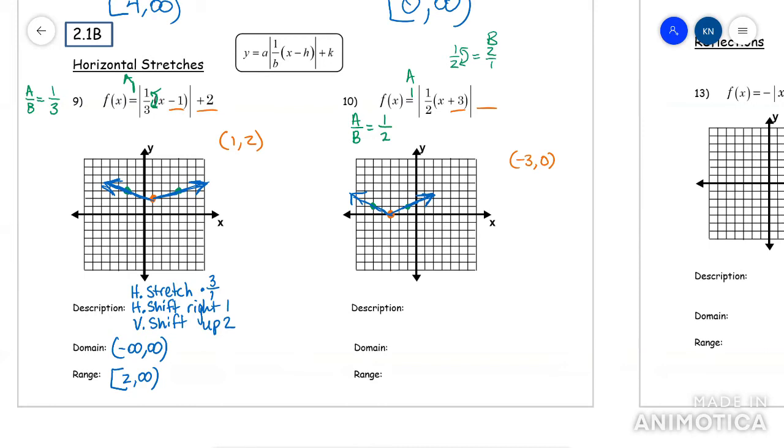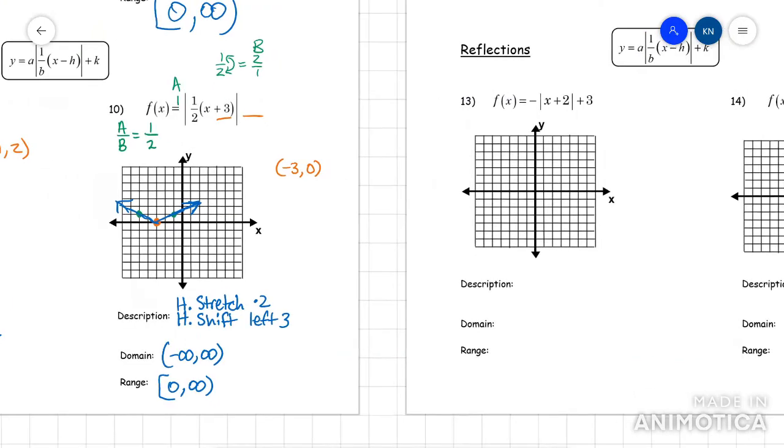It means it's a horizontal stretch times 2. Then there's a horizontal shift, left 3. Domain was all reals. Range is 0 to infinity. And that would be that problem.